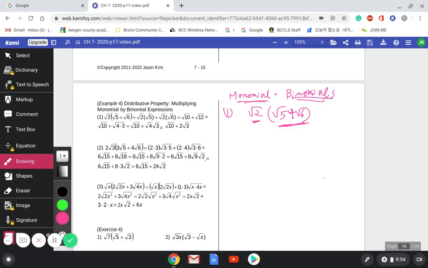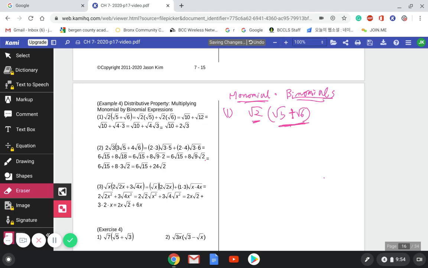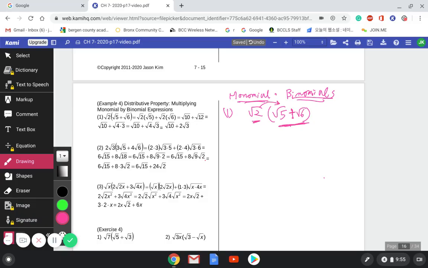So whenever you have a monomial multiplied by binomial, what you do is you do a distribution. You distribute radical 2 with radical 5 and plus radical 2 with radical 6.